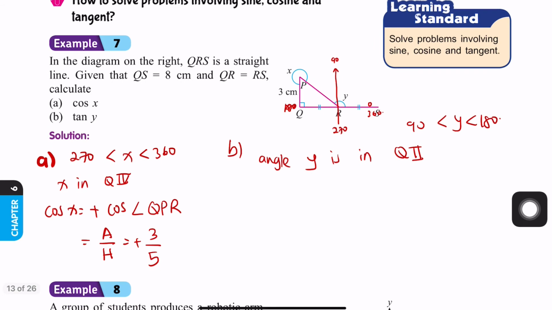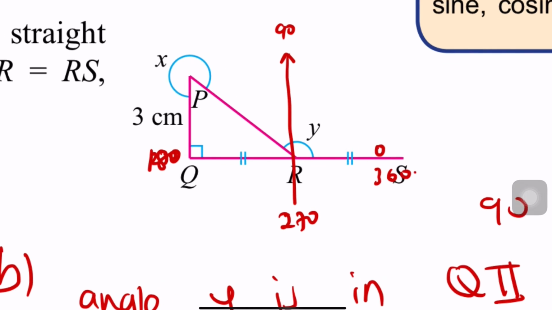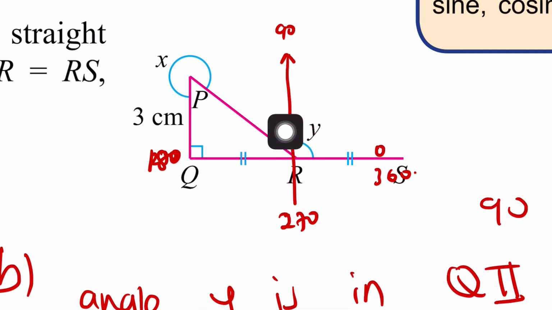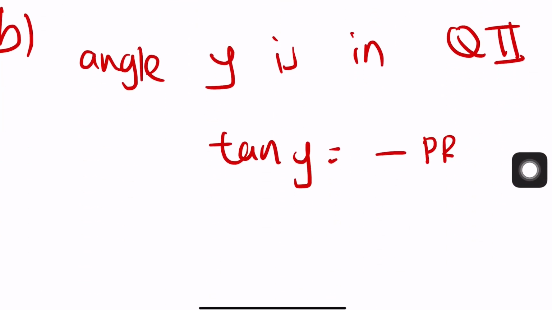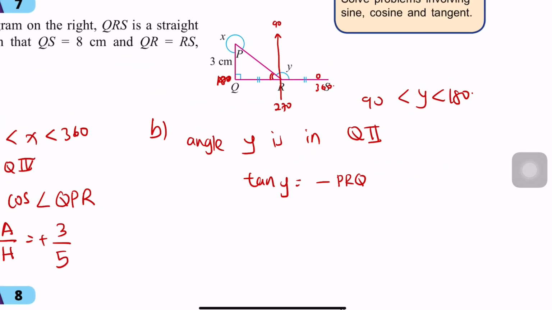Okay, so kita nak tangent Y, betul? So tangent Y, second quadrant tangent is negative. Okay, so kalau kita nak tengok sini, Y corresponding bagi Y adalah yang di dalam dia. So QRP ataupun PRQ. Yang penting R di tengah-tengah. So angle PRQ.